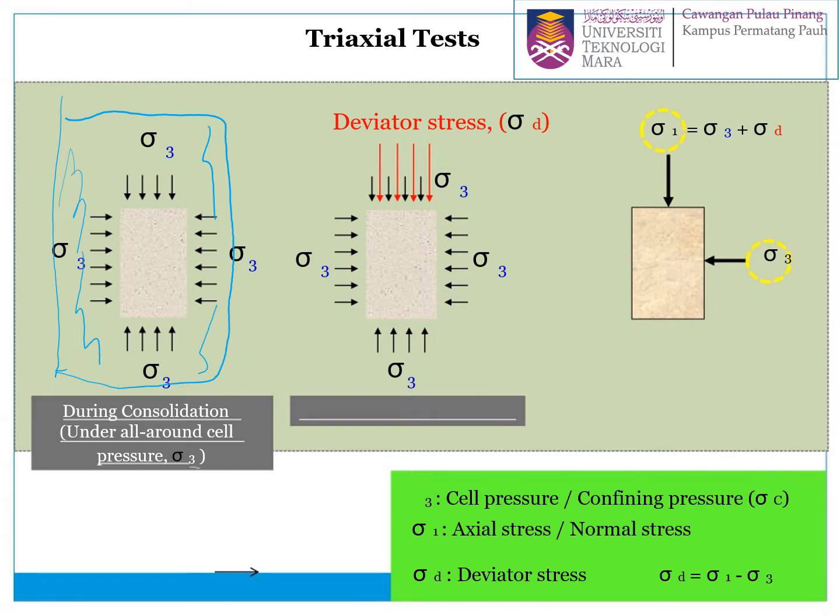The cell pressure is sigma 3, and then we apply the axial load. This we call the deviator stress, sigma D. If you notice here, we have sigma 3 on all sides, and at the top we have sigma D. That means at the top is sigma 1, where sigma 1 is equal to sigma 3 plus sigma D. Sigma 3 is the cell pressure, and sigma D is the deviator stress or axial stress. At the horizontal, we only have sigma 3.